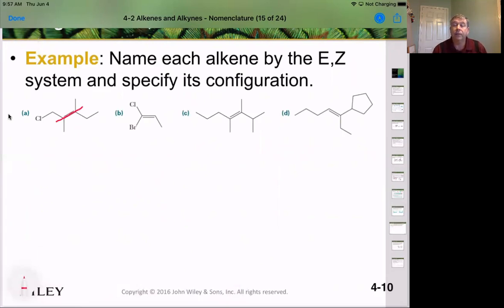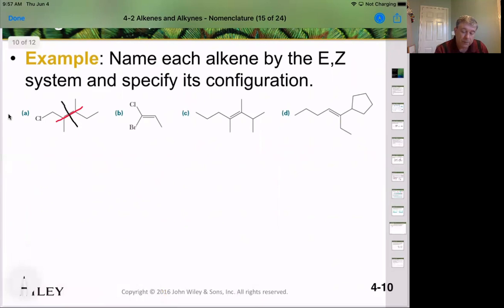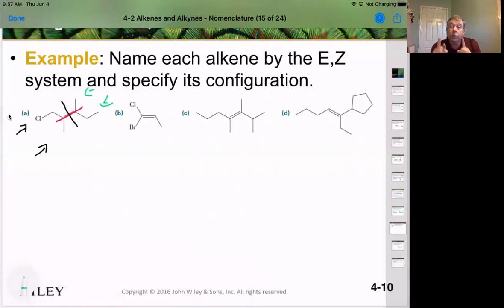We only have to assign the highest priority on each side of this double bond. So we look at which of these two groups is highest, and then which of these two groups is highest, and then see whether those two highest groups are on the same side or the opposite side.